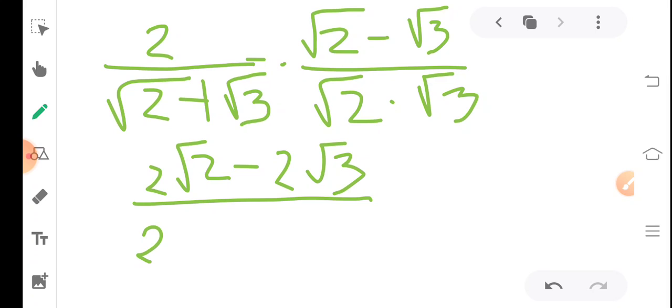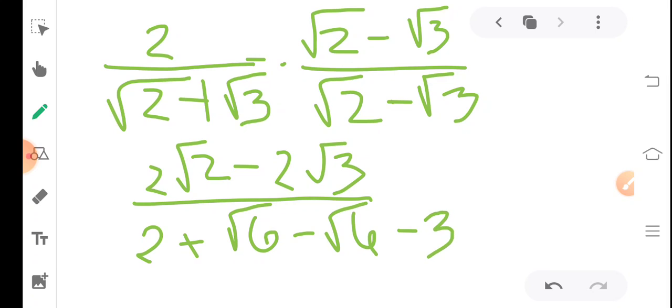Then the square root of 2 times the square root of 3 is the square root of 6. Then negative square root of 3 times square root of 2 is negative square root of 6. And negative square root of 3 times square root of 3 is negative 3.